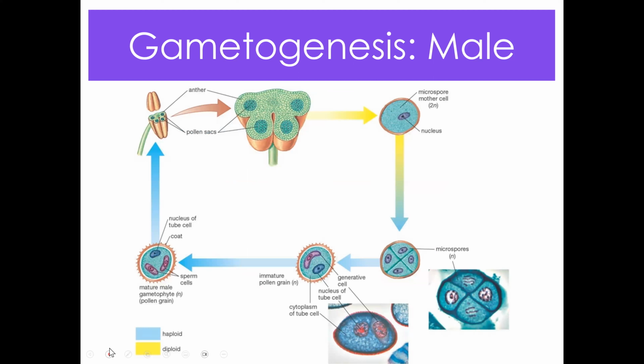And this is the example of the male when we're talking about flowers. And so usually have immature pollen grains, which are the sperm cells of the flower in the haploid form, into the pollen sacs where they become diploid.